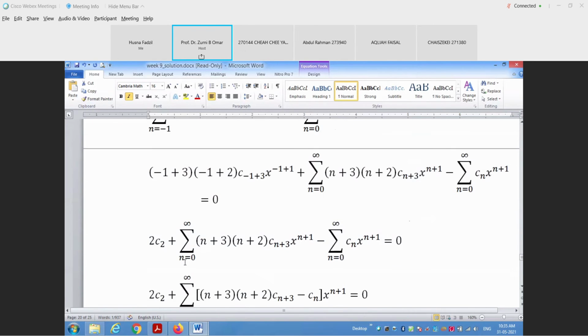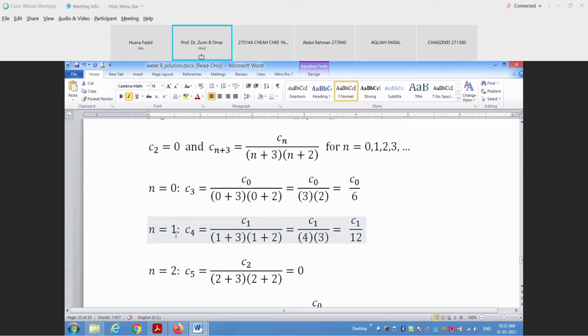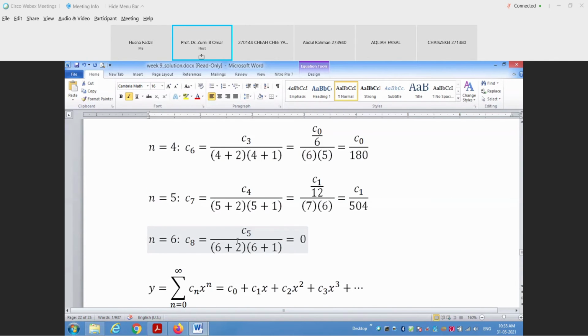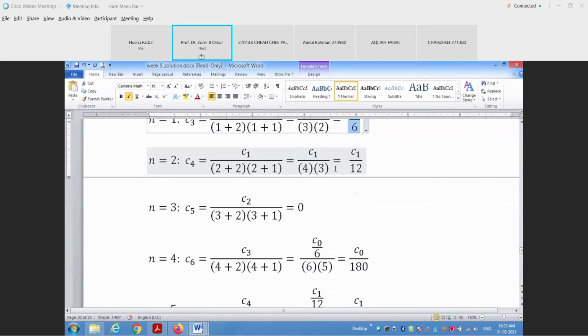And then when you replace n equal to 1, you have C4 equal to C1 over 1 plus 3 times 1 plus 2, which is C1 over 12. You compare here, C4, the same thing.